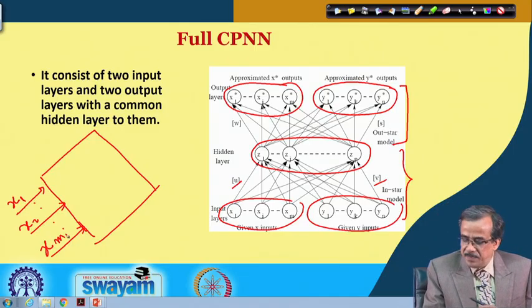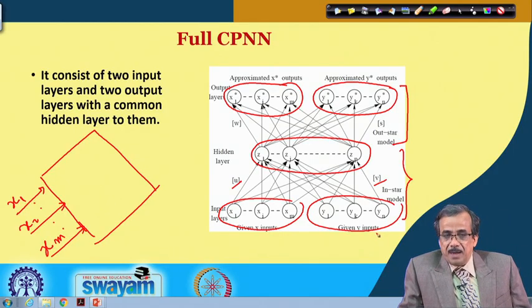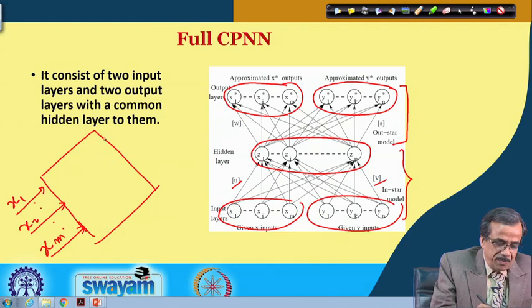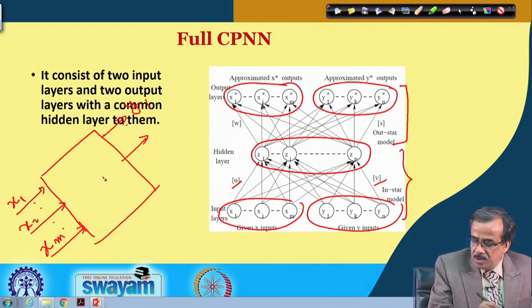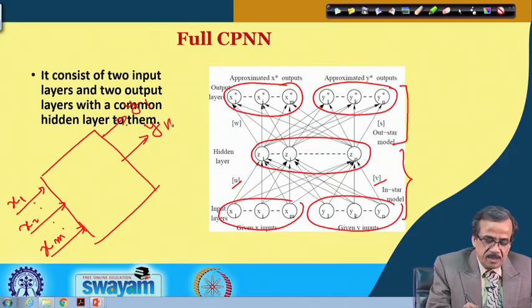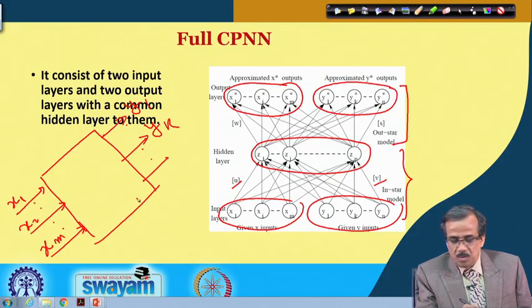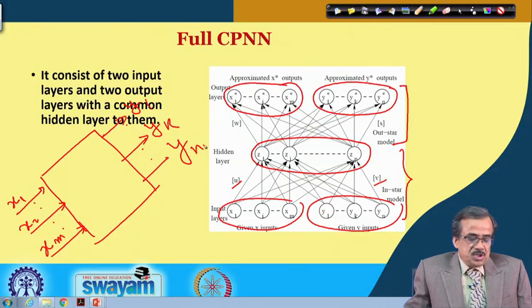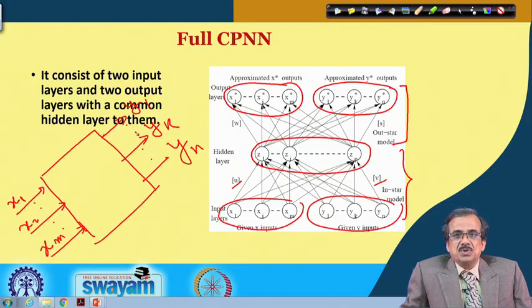This process has small n number of outputs denoted by y1, yk, yn. So, we have y1, then yk, and the last one is yn. We have n number of outputs. This particular process I am going to model with the help of the full CPNN.